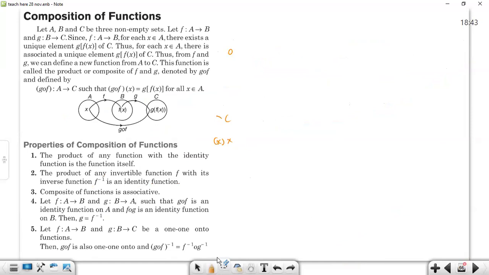Let's discuss f of g first. g is a relation from B to A, and f is a relation or a function from A to B. So this has to be the same.